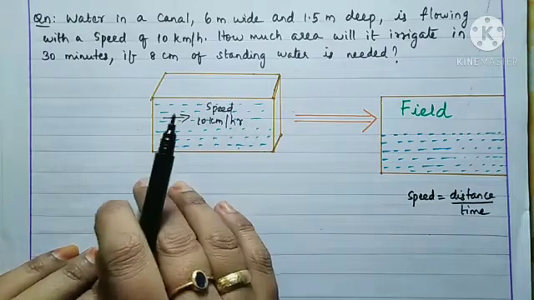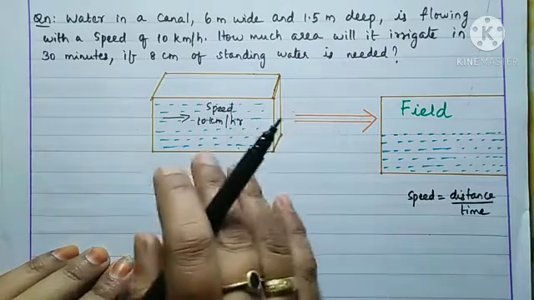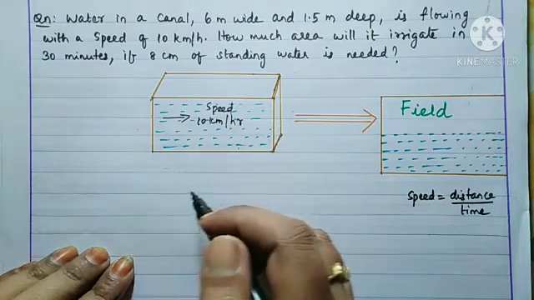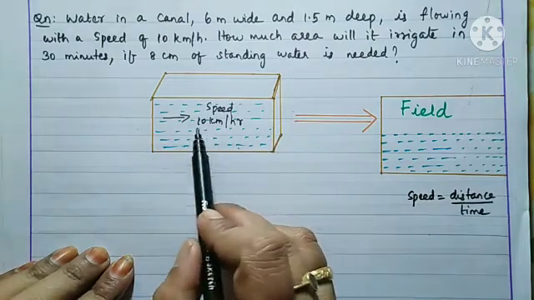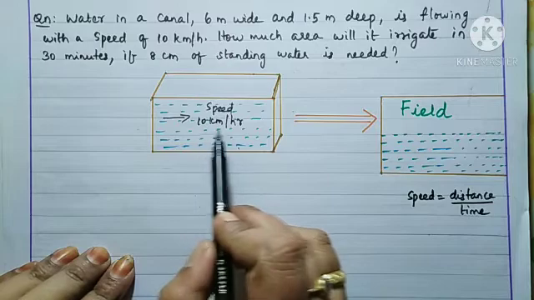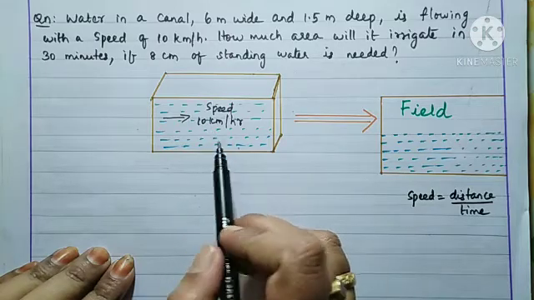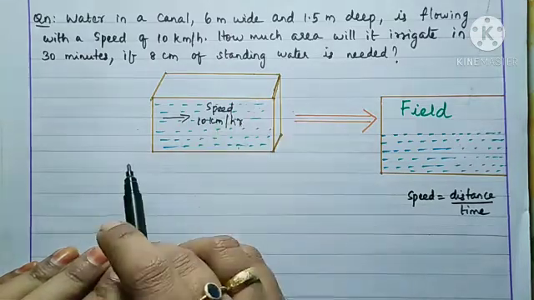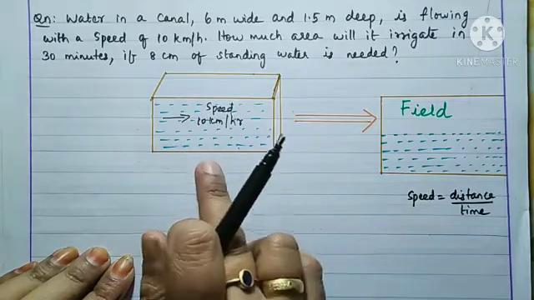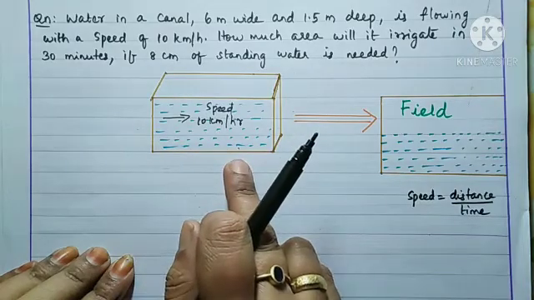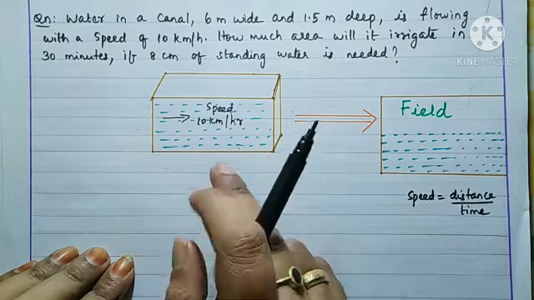Okay, most probably we will consider canals in all the questions in the form of a cuboid, so that this is the distance covered by the water, which is equal to the length of the cuboid. Okay, so the canal is considered as a cuboid here. That is what I want to tell you.